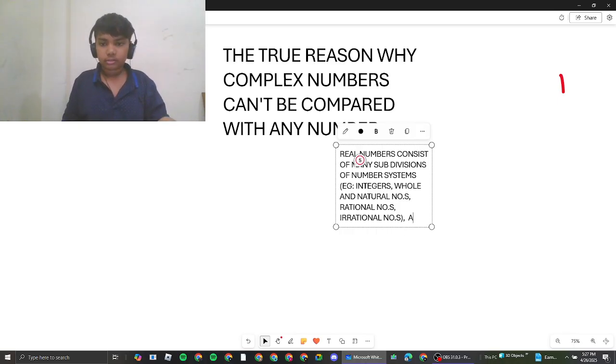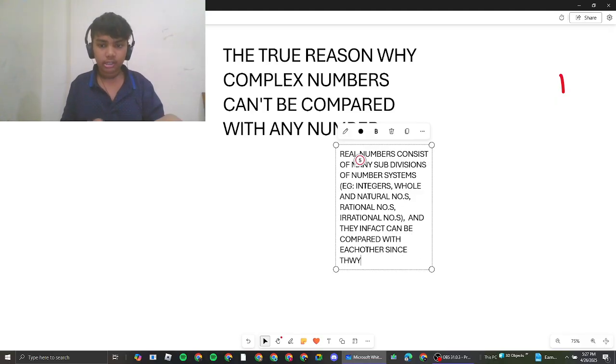and they in fact can be compared with each other, since they all are a part of one number system.